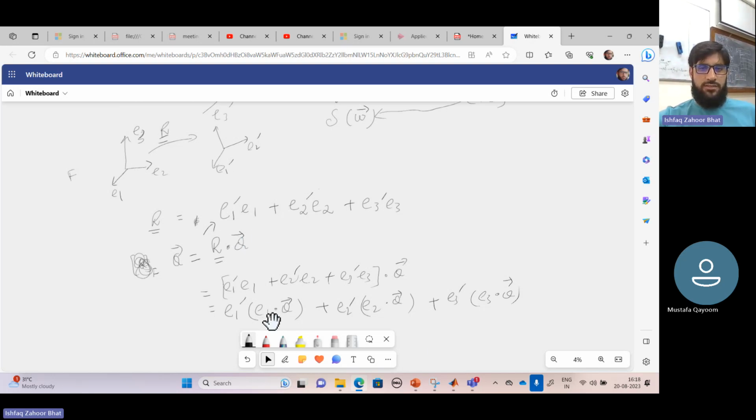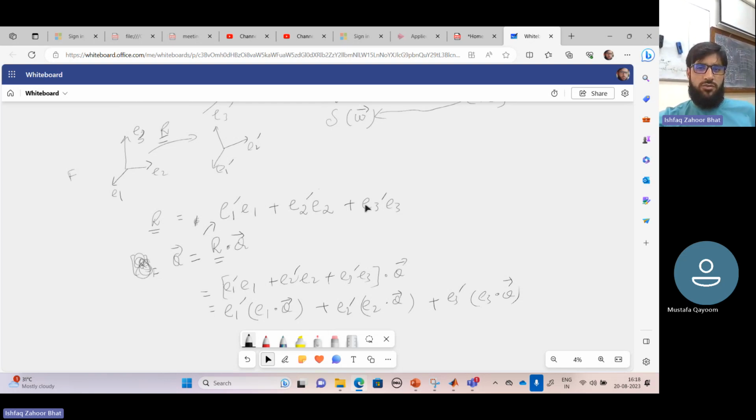If you think about it a little bit, you will see that taking the dot product of Q with E1 gives its component along E1. Similarly, its component along E2 and along E3. And you have E1 dash, E2 dash, and E3 dash. This is how this vector will look.